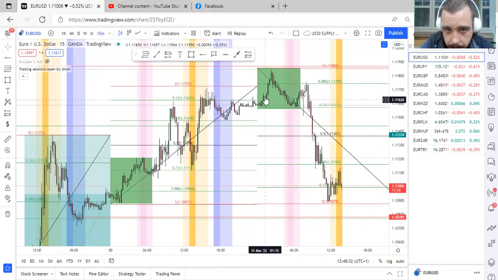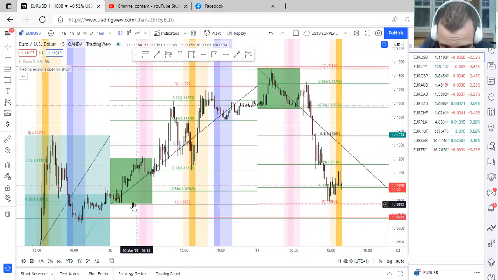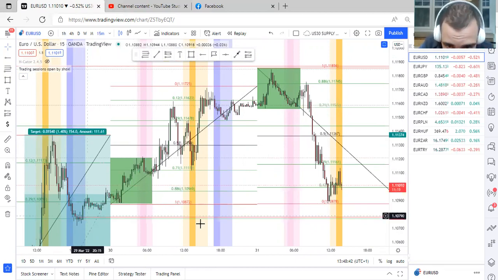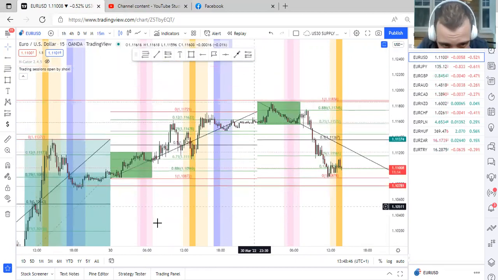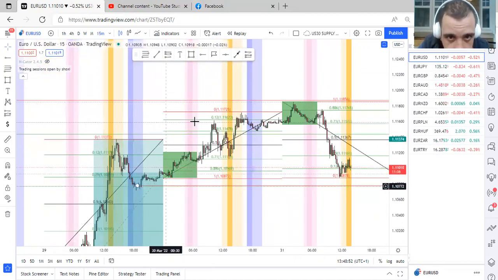Midnight's happened. We've had the push to the new high. Then we've created the 18 bar range. 7 o'clock, London, we dropped. And lo and behold, if I was to put an alert on there.